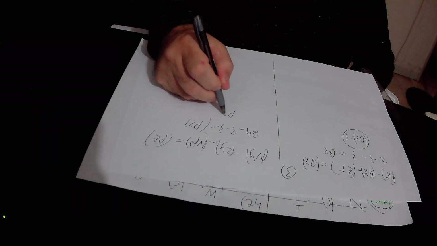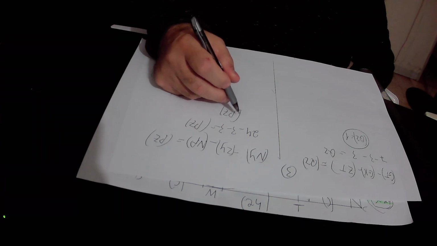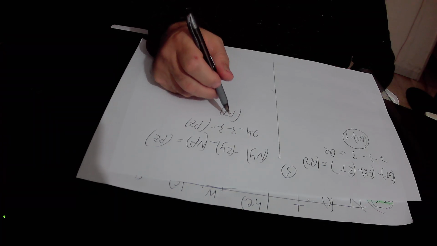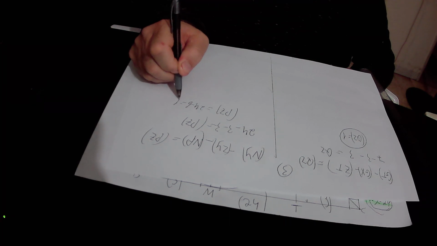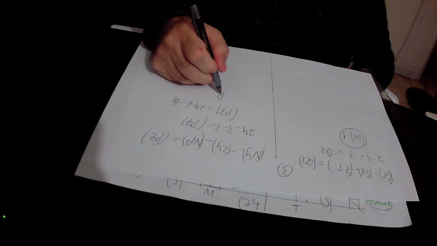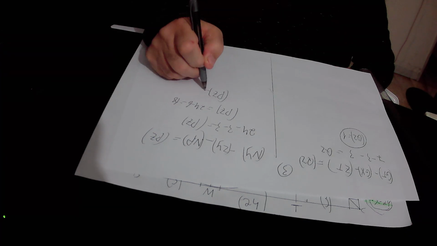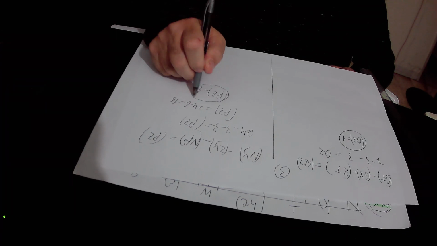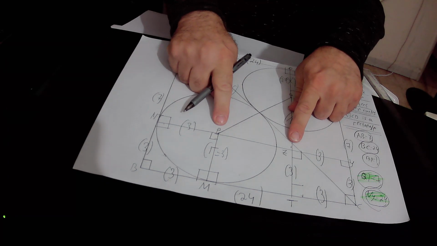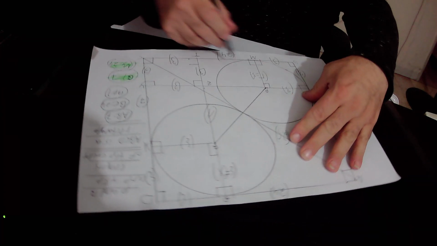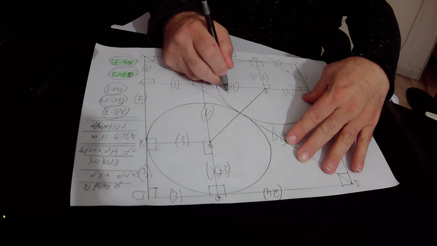So PZ in total equals 24 minus 6, that is 18. So I write it down here. The missing side PZ equals 18 units in its length.